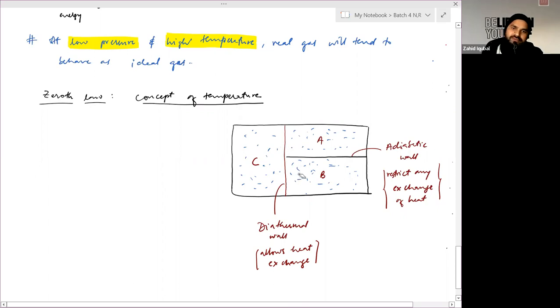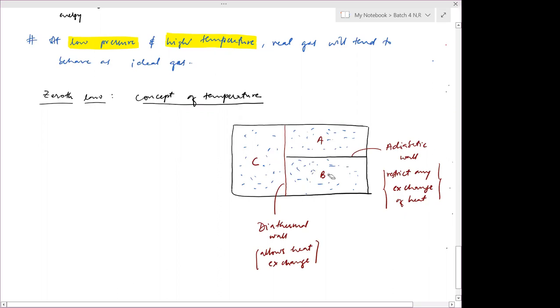Similarly, in case of B and C as well, there will be flow of heat between these two systems till they acquire equal temperature. So at equilibrium, since this system is in thermal equilibrium with this part, and this is also in thermal equilibrium with this part, these and these must be in equilibrium with one another. So if you remove this wall, there will be no further flow of heat between A and B. Is it clear?